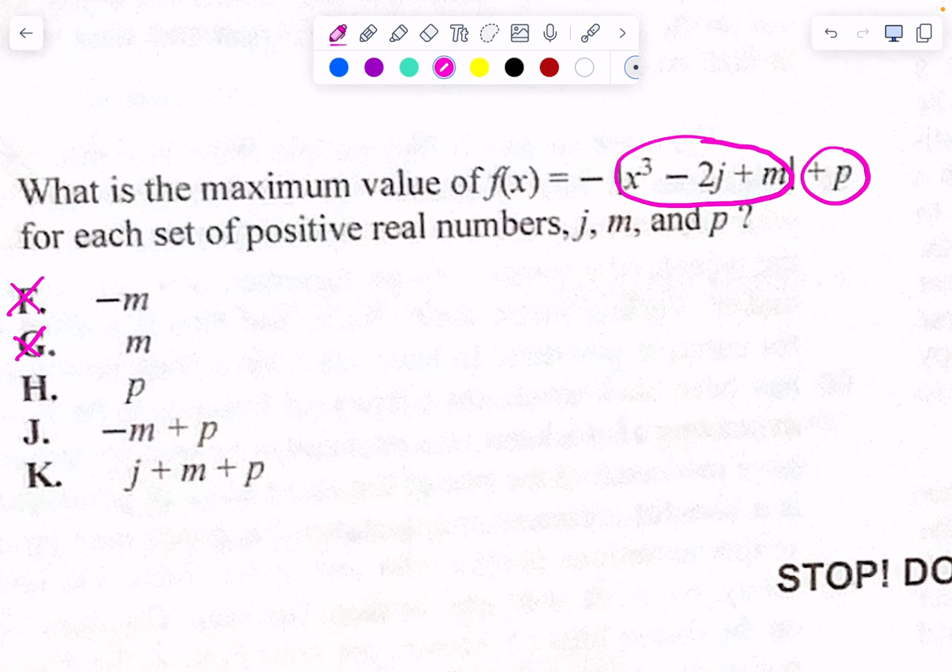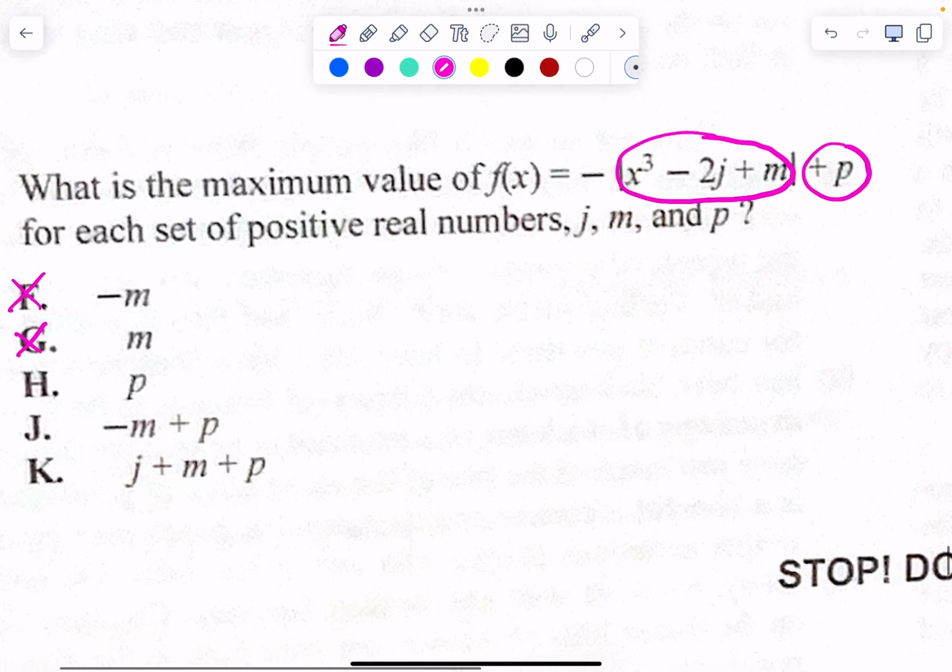I would guess. This one was one I would probably guess on too. Should we plug in numbers for J, M, P for each set of positive real numbers? Okay, let's say J is 2, M is 3, P is 4.